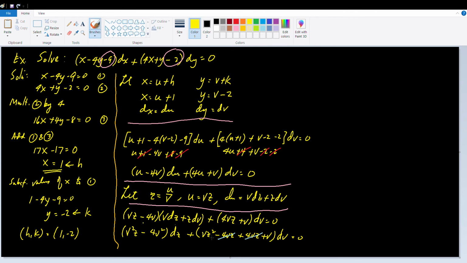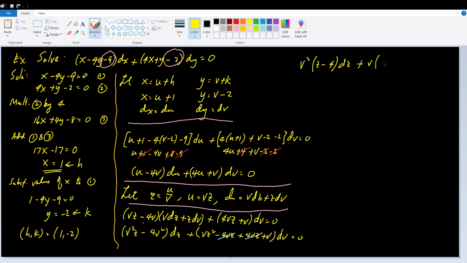Okay, so v squared c minus 4v squared, we can factor v squared. That will be c minus 4 dc. Okay, and then plus, in the second term, we can factor v.